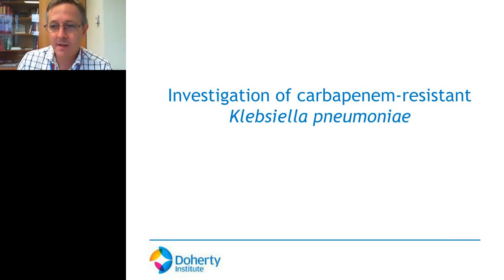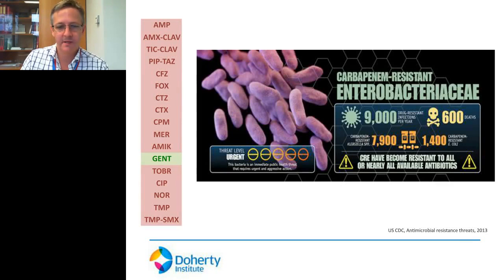Okay, so some examples then of how the technology has been applied and how it appears to be helping in what we're doing from a public health laboratory point of view. So the first is an investigation of carbapenem-resistant Klebsiella pneumoniae that we've been undertaking in Australia over the last 12 months.